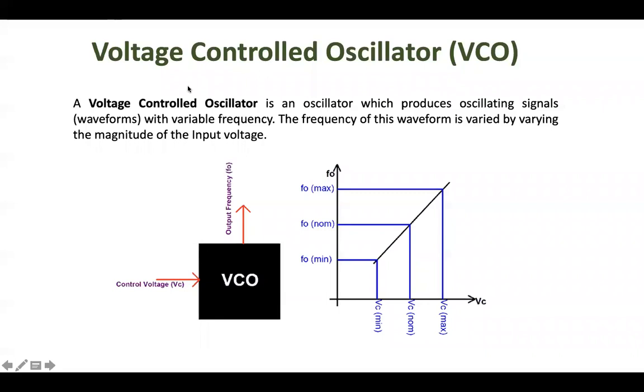So this VCO that we are looking into is an oscillator which produces oscillating signals or waveforms with variable frequency, right? Based on the voltage, I can control how the oscillations happen. The frequency of this waveform is varied by varying the magnitude of the input voltage. The control voltage is here, and I'll term it as VC, and the output frequency I'm taking as F naught.